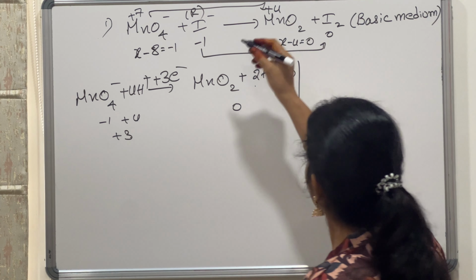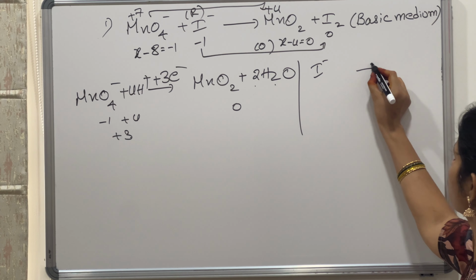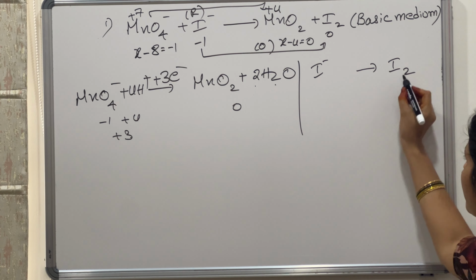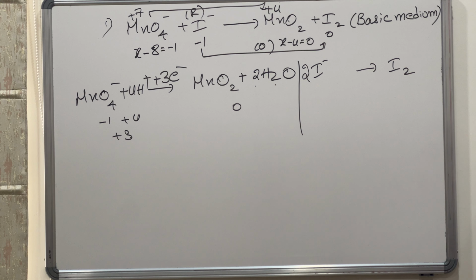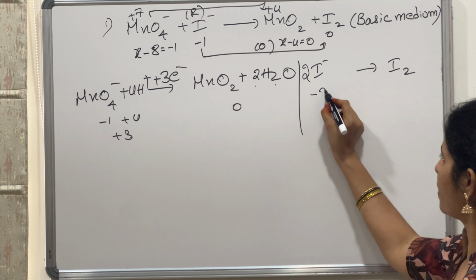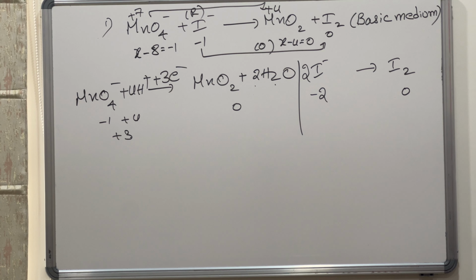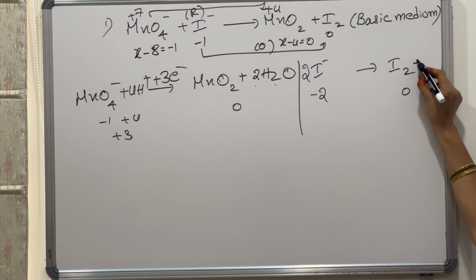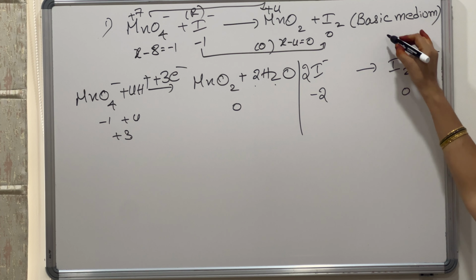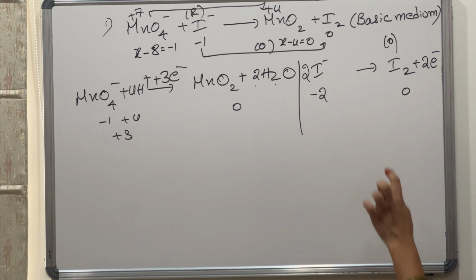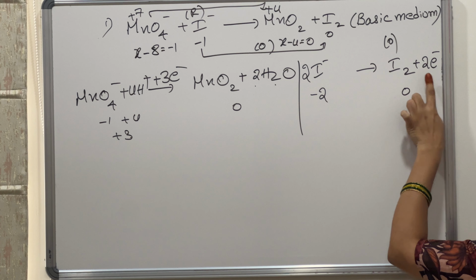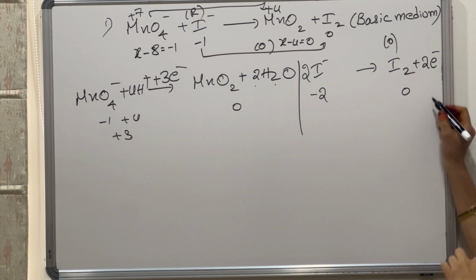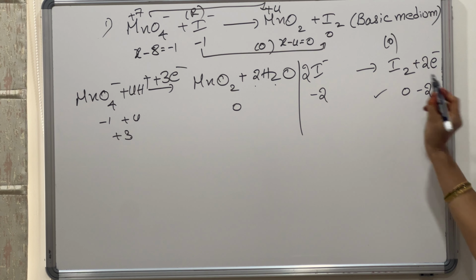Okay. Now next one, I minus to I2. Here 2 iodines are there, so you write 2 here, and the remaining you balance with charge. 2 into -1, -2 this side, 0 this side. So if you add 2 electrons this side, as it is undergoing oxidation, I minus to 0, loss of electrons, the overall charge will be -2 and it will be balanced.